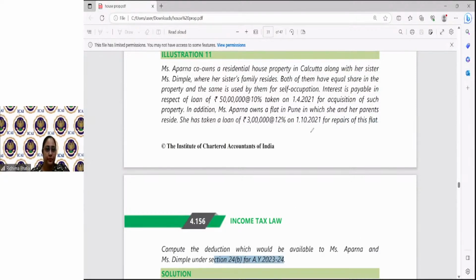First of all, let's calculate for Ms. Aparna. So for Ms. Aparna, what is the interest on loan? Guys, what is the interest on loan? 10% of 50 lakh is 5 lakh, and her half share is 2,50,000. Correct?